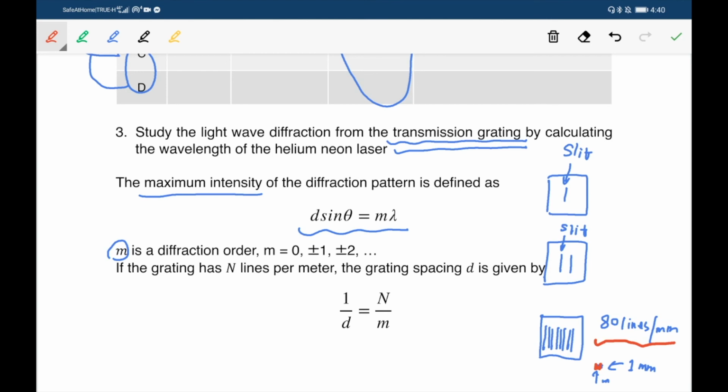The advantage of the transmission grating is that it gives the fringe pattern very clearly. For example, this is a whiteboard, and the transmission grating will give the fringe like this.